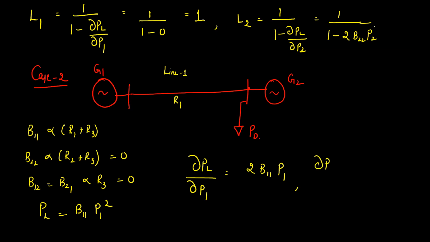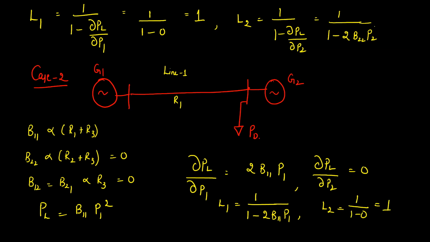Similarly, dou PL by dou P2 will become 0. So the penalty factor of the first unit will become 1 by 1 minus 2B11 P1. Penalty factor of the second unit will become 1 by 1 minus 0, that is 1. Okay, so this is the second case that you can encounter.